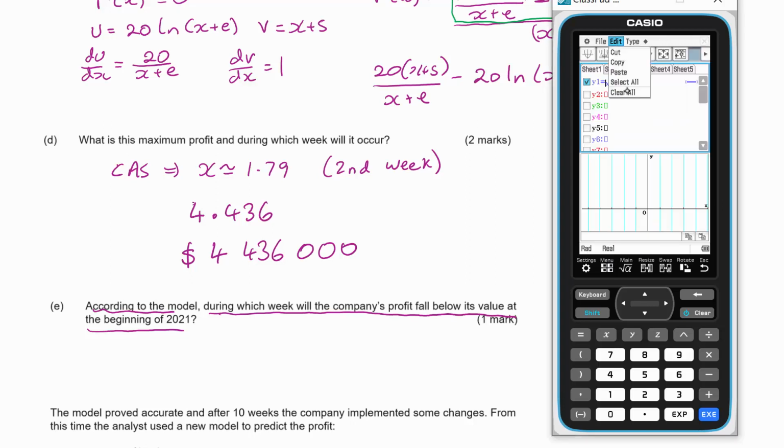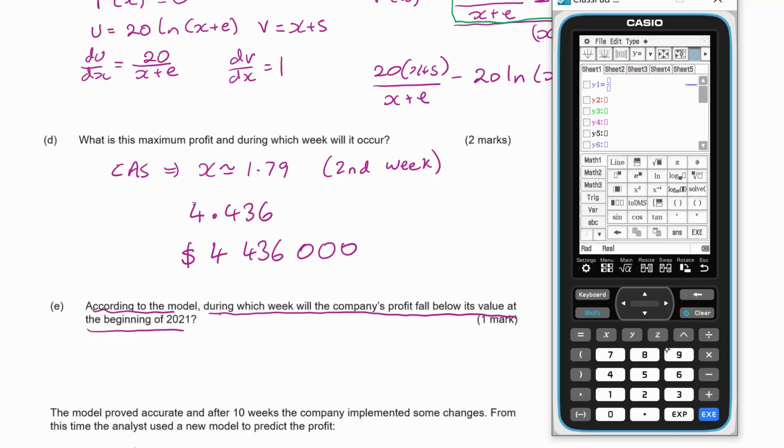I'm just going to clear anything I've got at the moment, and I'm going to put in our, let's use a fraction, 20 natural log of x plus e, and divide that by x plus 5. And let's also put in 4. And let's graph that.